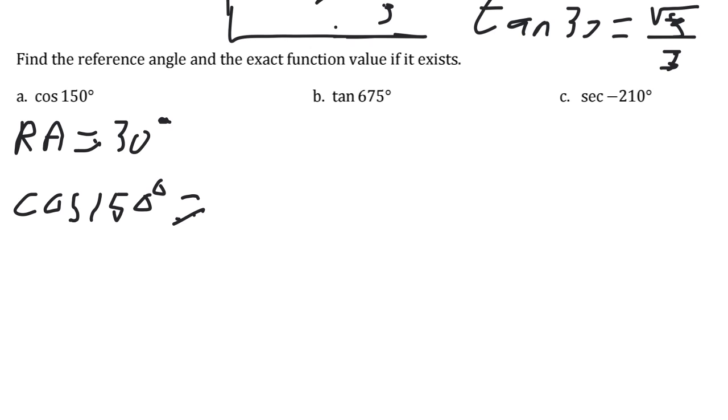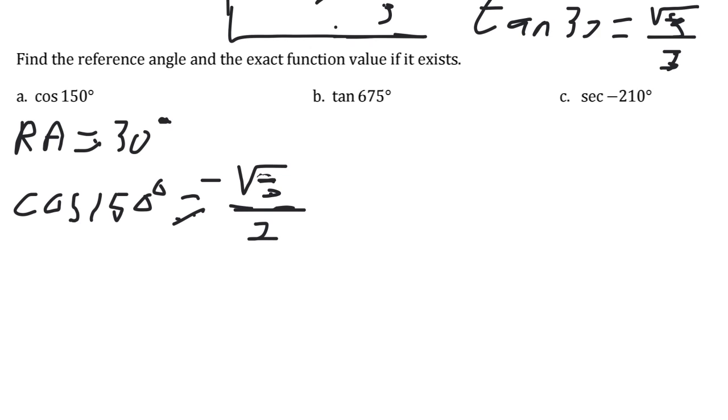But cosine in quadrant 2, all students, only sine is positive.